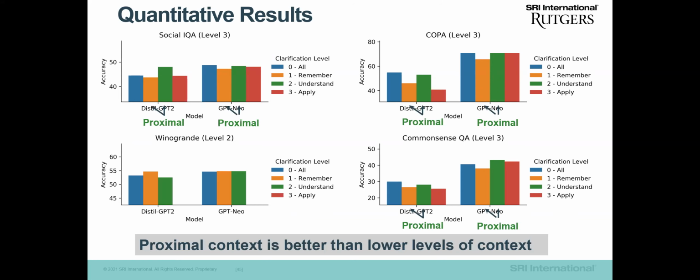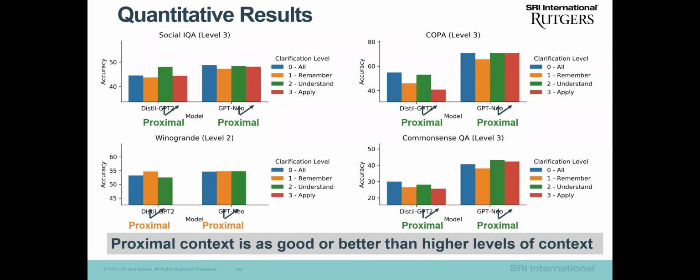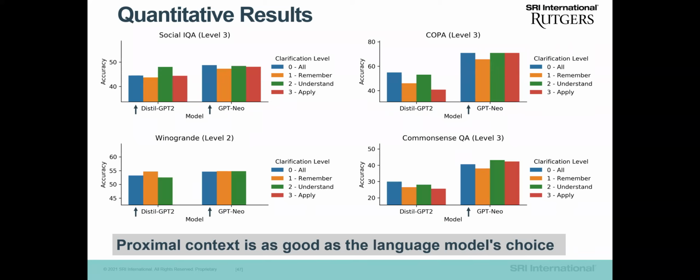In the interest of time, what we are basically showing in these graphs is that whenever we use the proximal context to prompt, we get better results than with any other kind of prompt. That is what we are basically saying over here. We have actually shown that, and we are also able to outperform the state of the art.